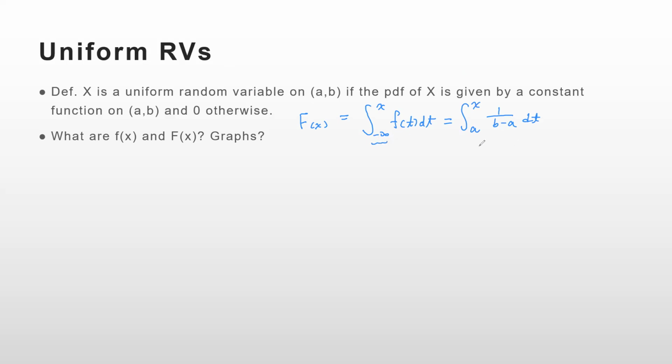You have negative infinity, but you need to change it to a because the density is 0 otherwise. And then we have 1 over (b minus a) times t, and t runs from a to x. So that equals (x minus a) over (b minus a). Okay, that is when x is greater than a and less than b.